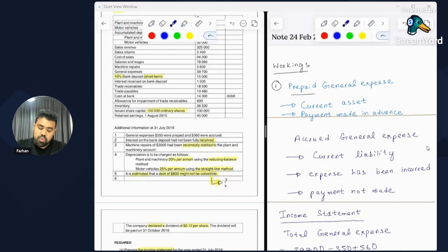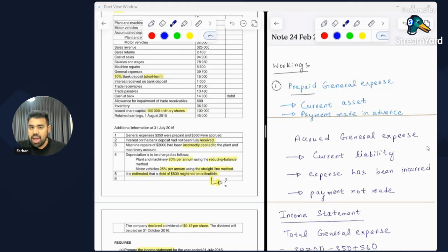When we say that we have got a prepaid general expense, we are referring to an expense which we have paid in advance. All right. And this expense which we have paid in advance has not been used yet in the current financial year ending 31 July 2016. Therefore, because it's a prepaid expense, it is a current asset. When we think about current assets, we think about economic benefits that we expect to get within the next 12 months.